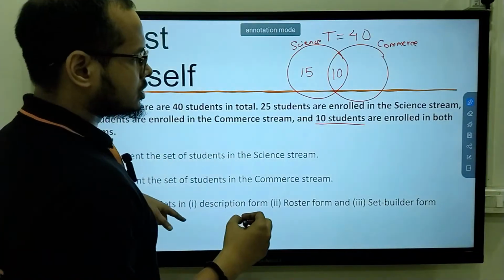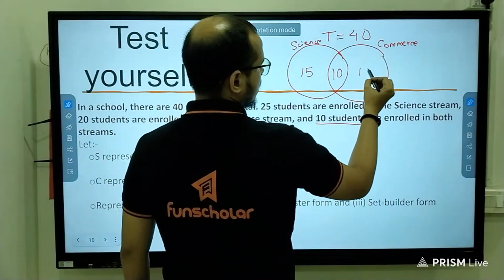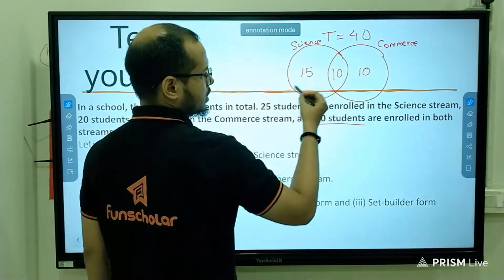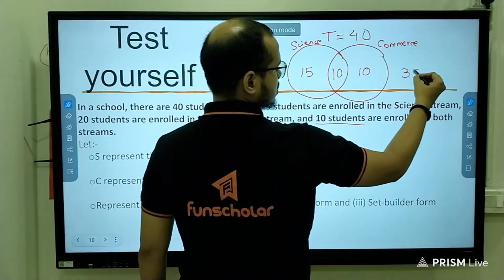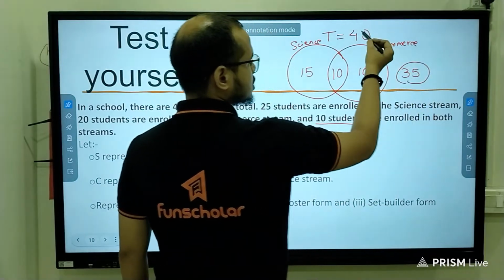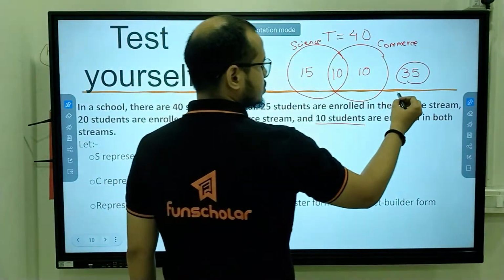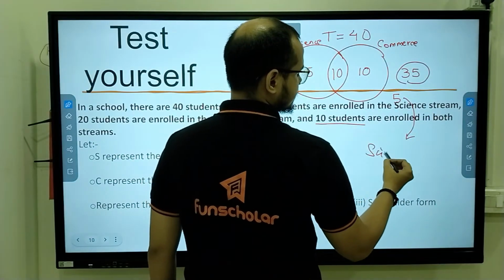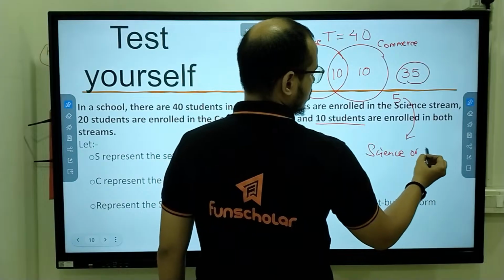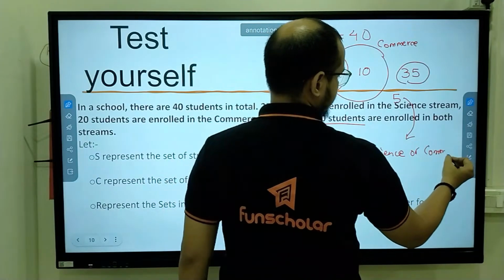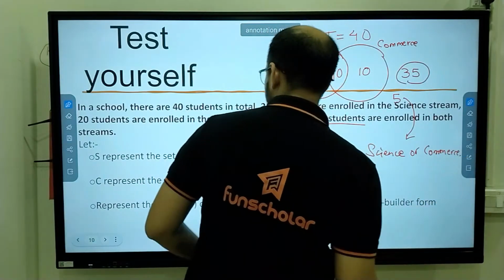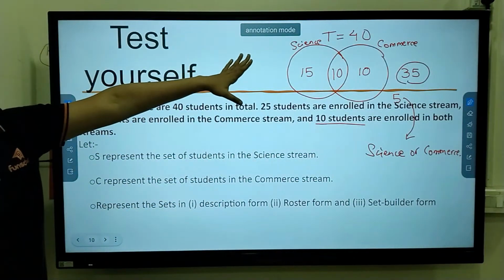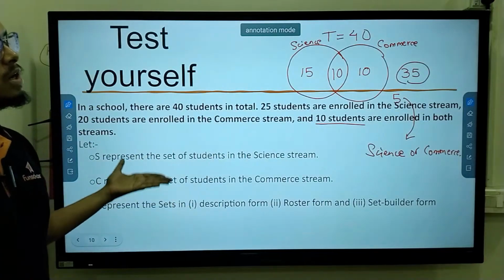Similarly, 20 students are there in commerce, so 10 are enrolled in commerce but are not taking science. So in total, we are coming out to be 35 students. But the total actually is 40. So 5 students have not taken either science or commerce. So this sum shouldn't be given right away, but this actually is a Venn diagram sum where we understand what these are.